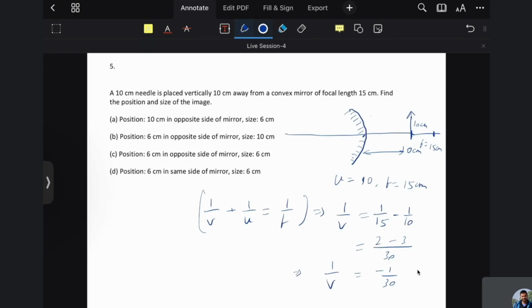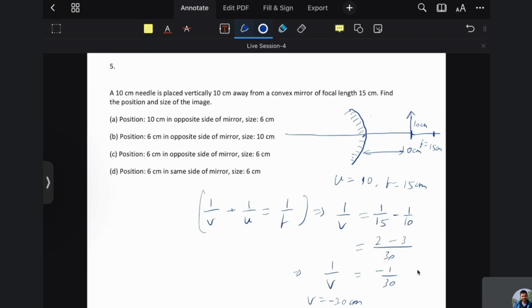Did I do something wrong? Answer is not matching. Away from a convex mirror of focal length 15 centimeter. Oh, sorry.